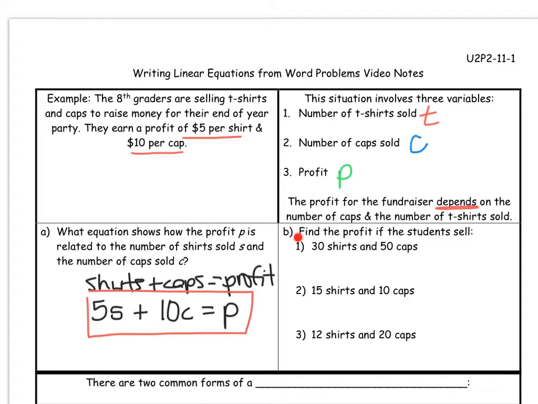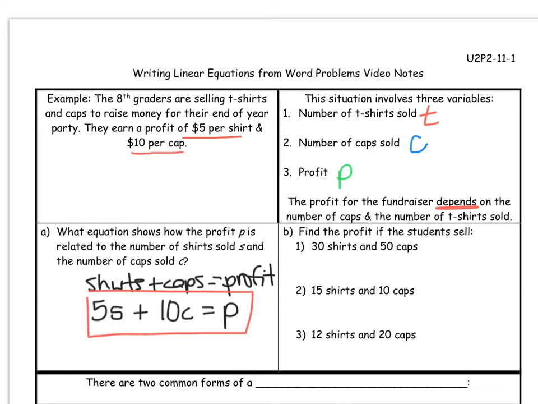So part B, we need to find the profit if the student sells 30 shirts and 50 caps. So we defined our variables up here, so we know T is the number of shirts sold and C is the number of caps sold.